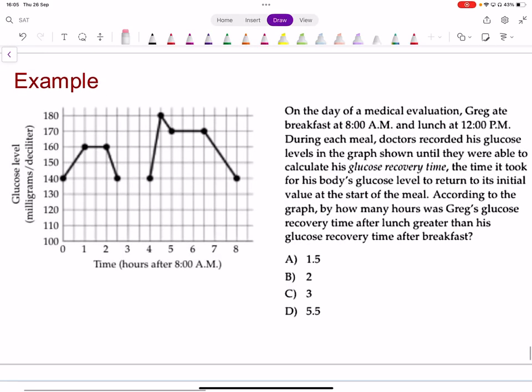Okay, let's try this. On the day of a medical evaluation, so take a minute to read the question statement, then we'll see what to do. Look at the axes first of all: glucose level, vertical axis; time, horizontal axis.